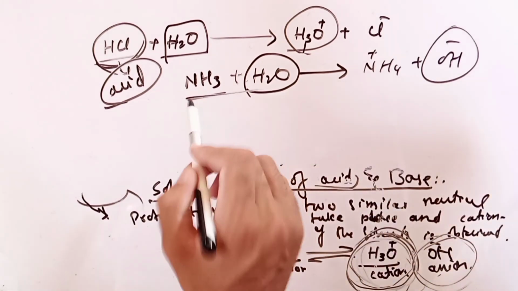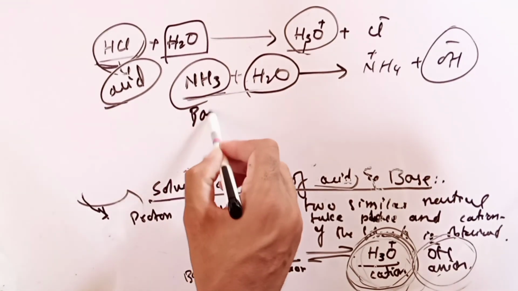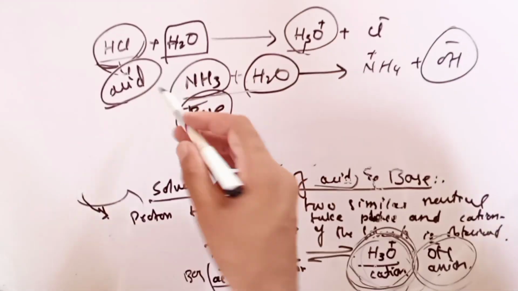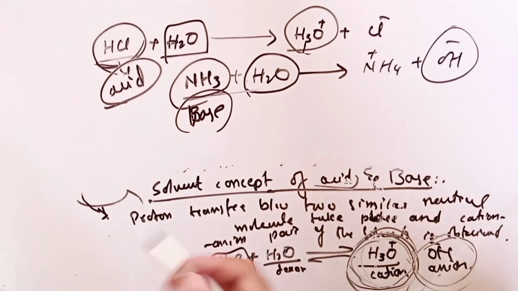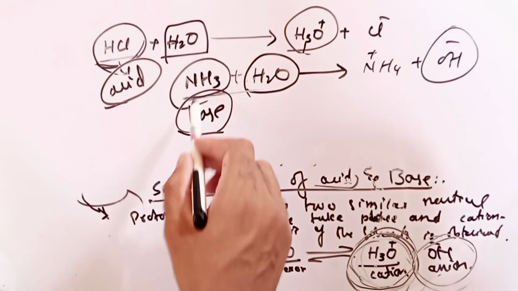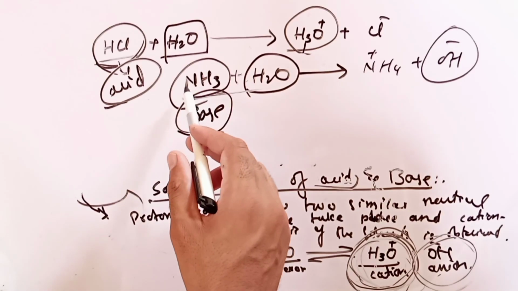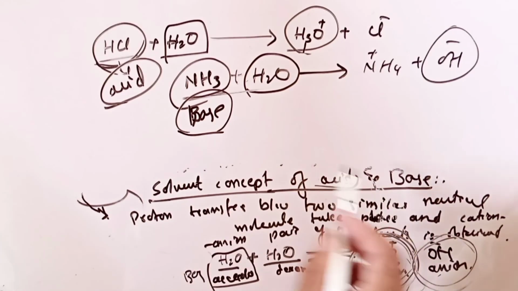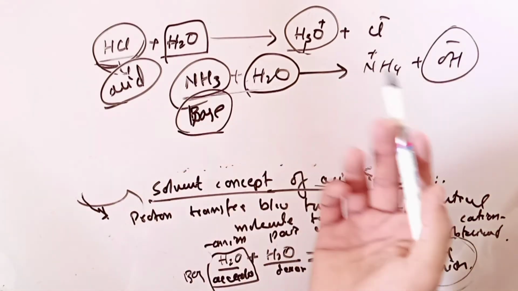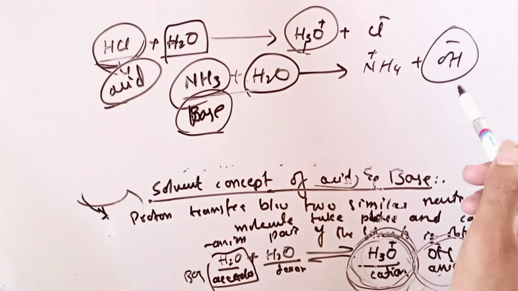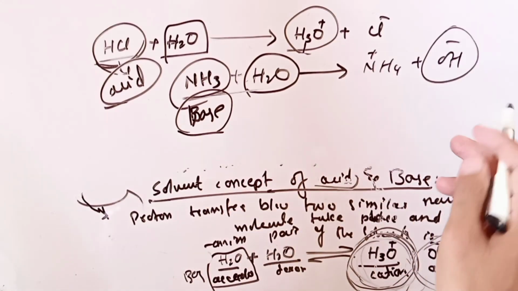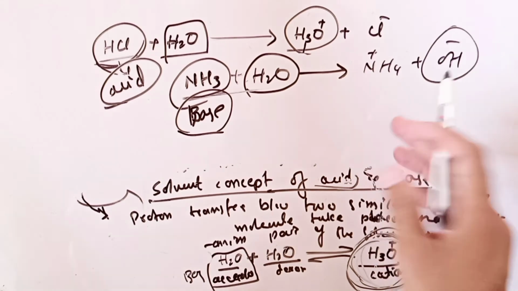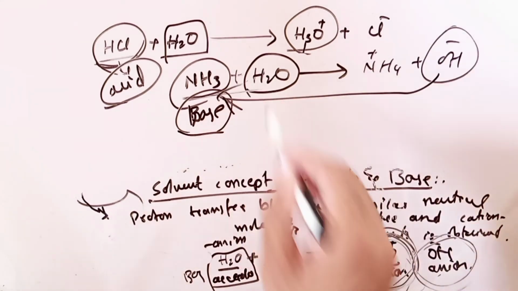That species will act as a base, and we already know that NH3 is a base because it has the proton-accepting property according to the Bronsted-Lowry concept. According to the solvent concept, NH3 increases the concentration of the solvent anion normally produced by autoionization, so it acts as a base.